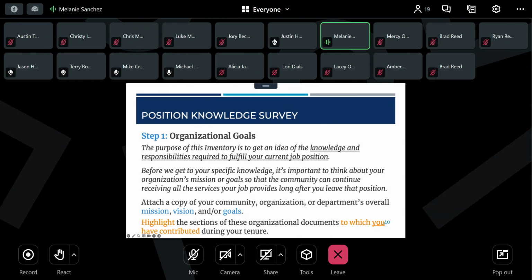So you want to highlight sections which you've directly contributed to, unique contributions that are vital to help maintain the relevance and effectiveness of the organization's goals. And remember, understanding the broader mission not only provides context for your work, but it also helps in the transfer of knowledge and responsibilities.